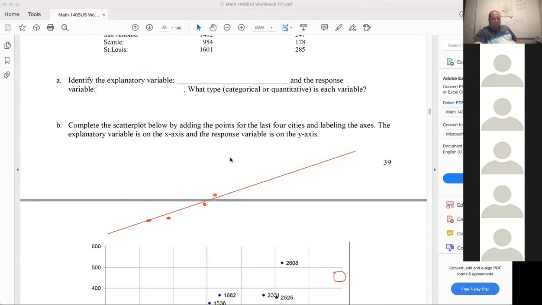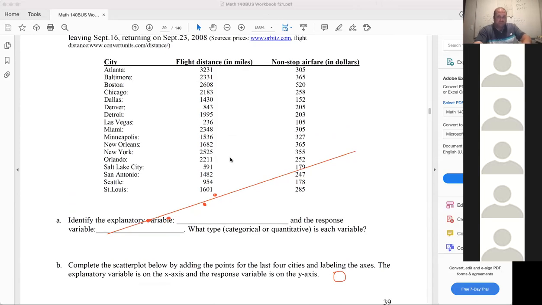Let's go ahead quickly. We have our calculator, so it shouldn't take more than 2 minutes. How would I do it on the calculator? Go to stat and then edit. What do I put in the first column? You'd put your explanatory variable.